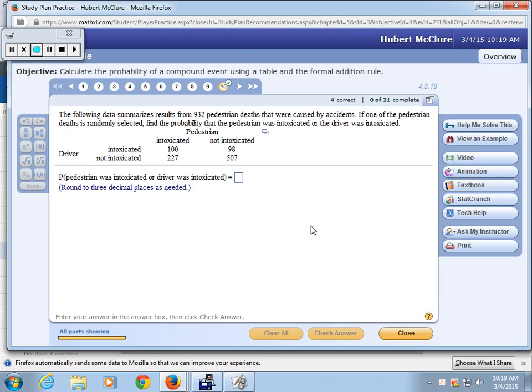Write it down. Blow it up a little bit, Dana, please. It says the following data summarizes the results from 932 pedestrian deaths that were caused by accidents. If one of the pedestrian deaths is randomly selected, find the probability that the pedestrian was intoxicated, or the driver was intoxicated.